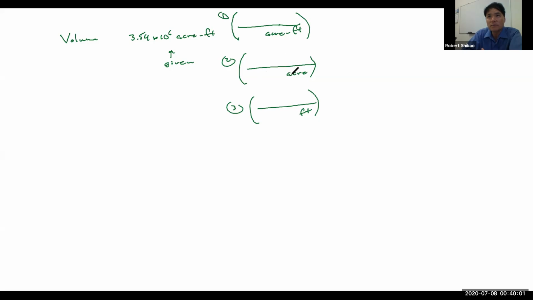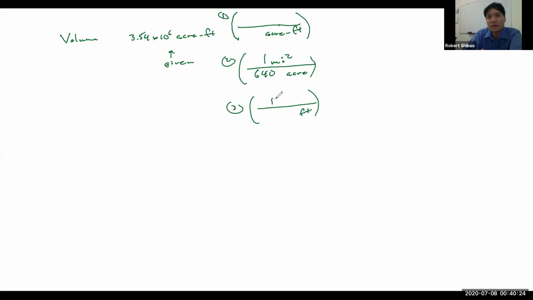And so what are our options here? If we want to get rid of acres, then there was one option. There are 640 acres in 1 square mile. And so this would work. I could get rid of acres and convert it into square miles. So I'd have square miles times feet. Square miles is area, feet is height, and then that's volume. Or I could get rid of feet.